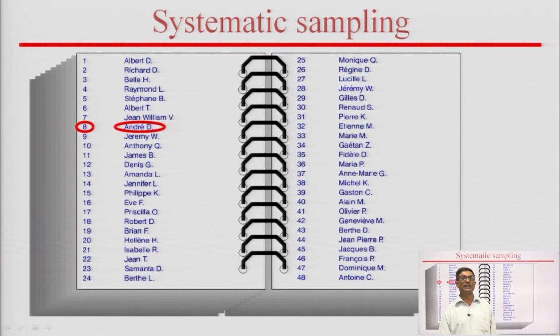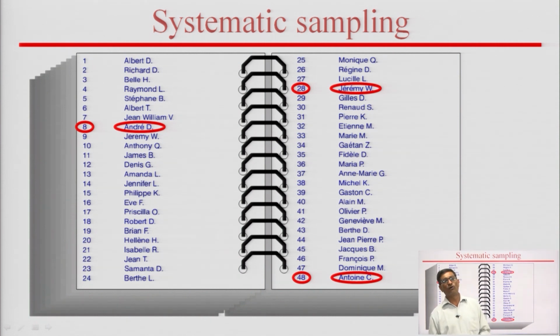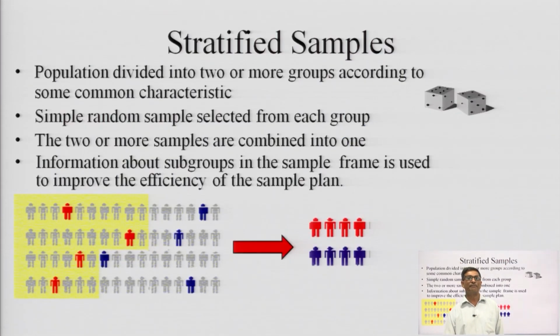For example, if we select 8, then after the sampling interval of 20, the next will be 28, and next is 48, and so on. We select the 60 children from these 1200. So, this is systematic sampling.